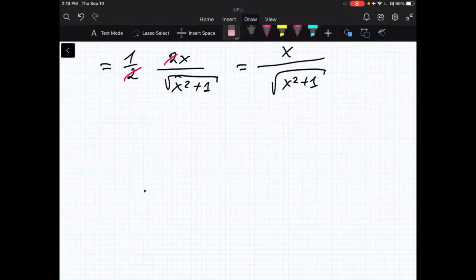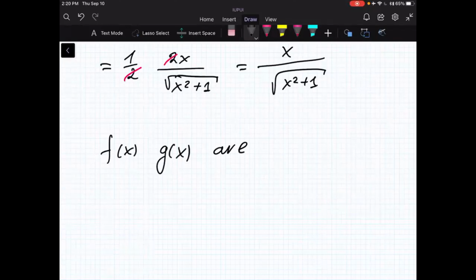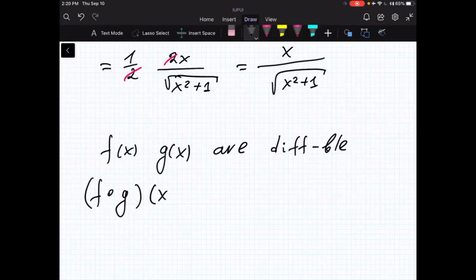Okay. And it turns out that the generalized power rule is a special case of what is called the chain rule, which involves composition of functions. So recall, if you have two functions, continuous, or in our case, since we want to differentiate them, differentiable, and let's consider f composed with g, composition of two functions, which is just f evaluated at the point g of x.